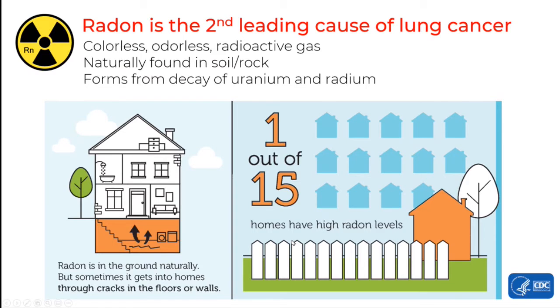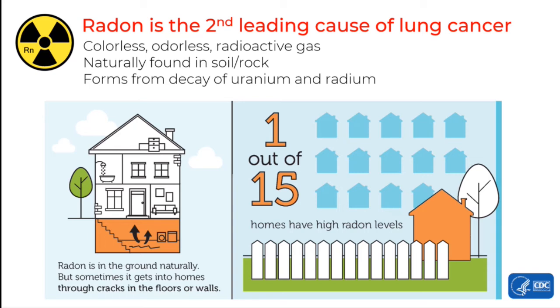What are other risk factors? Well, radon is a type of gas which is now, according to the EPA, the second leading cause of lung cancer. Radon is a colorless, odorless radioactive gas, naturally found in soil and rock, and it forms naturally from the decay of radioactive substances such as uranium and radium.